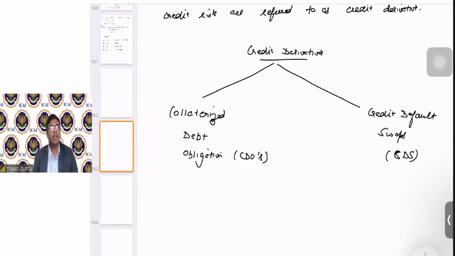Collateralized debt obligation and credit default swap. We will take you through the exact understanding of such credit derivatives.